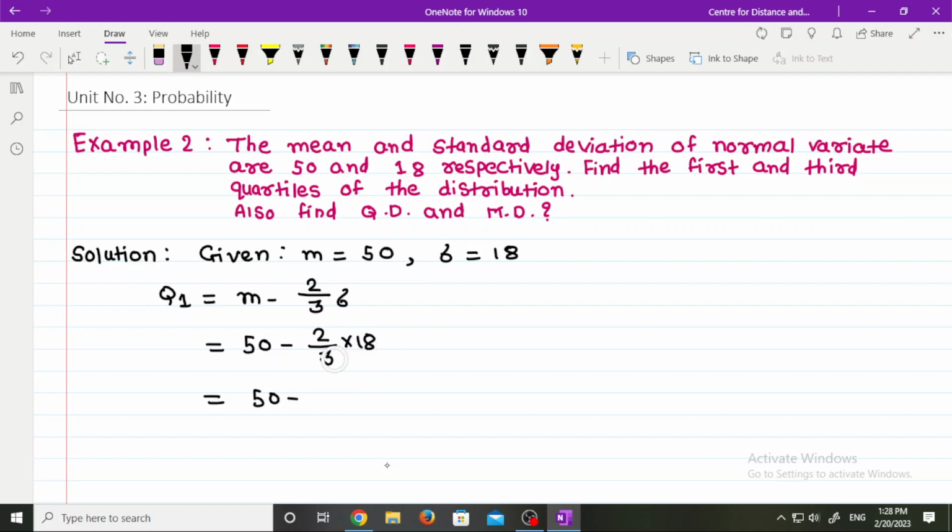When we divide 18 by 3, here we get 6. Then 2 into 6, which is equal to 12. So here we get 50 minus 12, which is equal to 38.